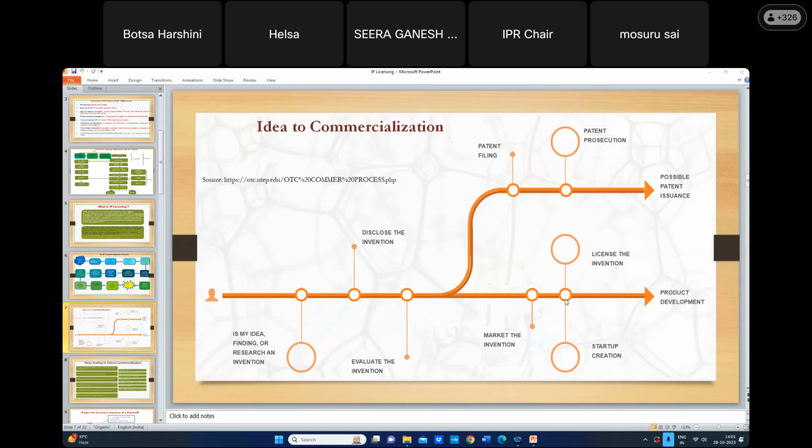Once that is done, you market it, many people show an interest, and whatever applications are received, you evaluate whoever is the best party, whoever is paying a much higher licensing fee, and you can license the technology to them. Again, for licensing there are two or three major methods, exclusive license and non-exclusive license. We are going to talk about that in the subsequent step.